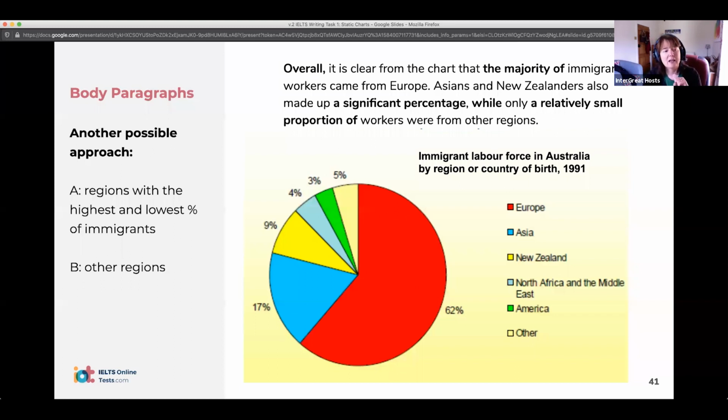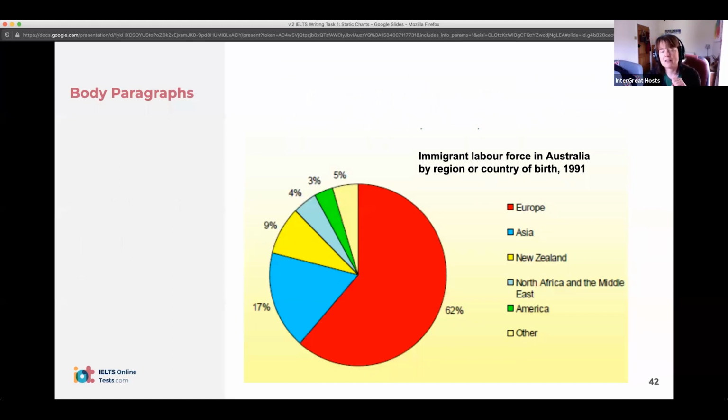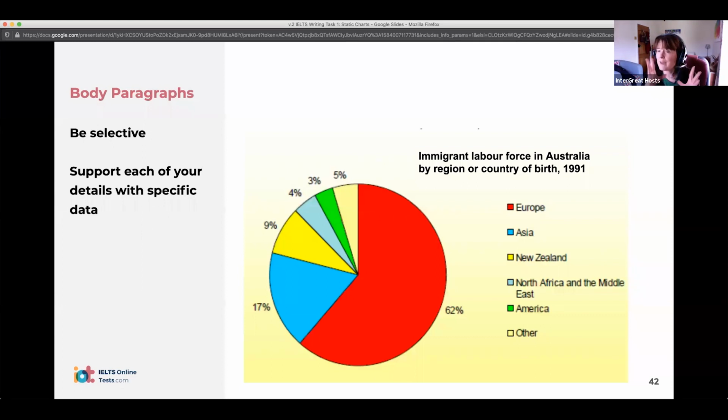All right. So let's look at how we do that, okay? So a little bit more advice first. In some cases, like this one, there's not that many numbers, so you could talk about all the numbers very easily. That's not going to be a problem. You can get task questions where there's a lot of numbers, often with the tables.